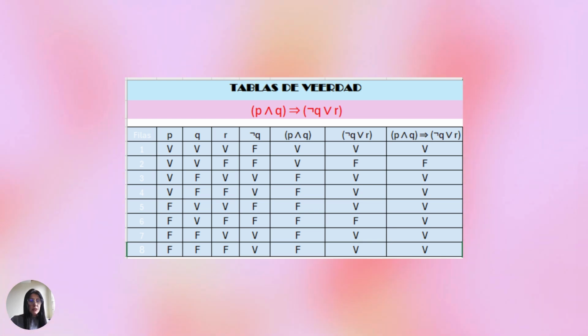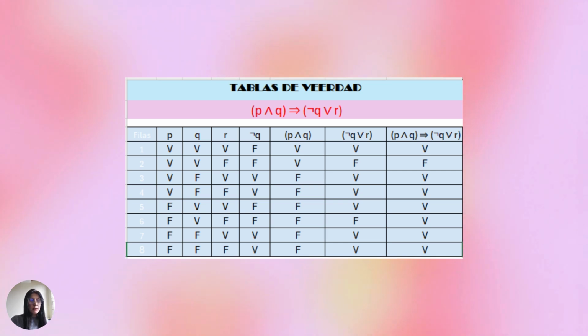According to the number of letters, we are going to have the result of these lines. That is true, true, true, true, and false, false, false, false as well.